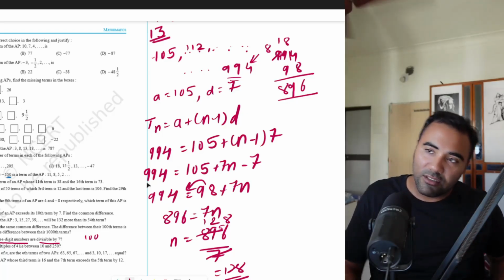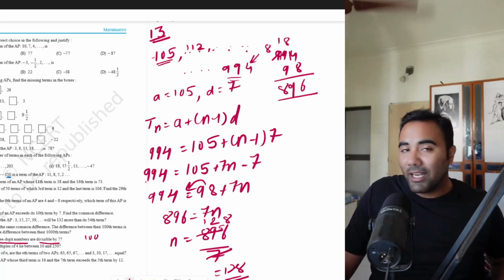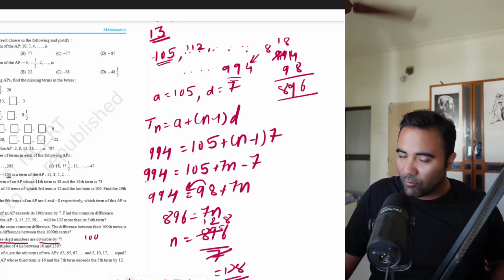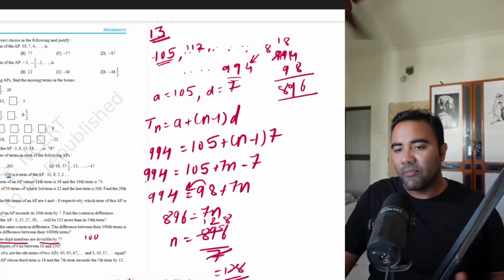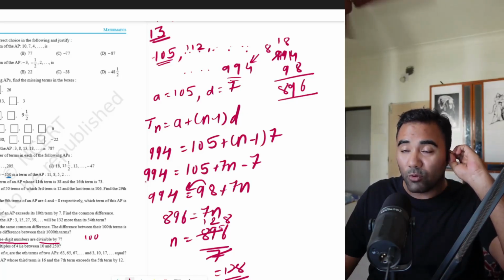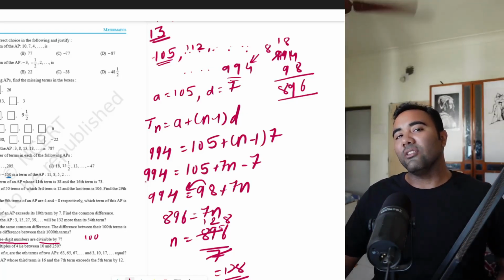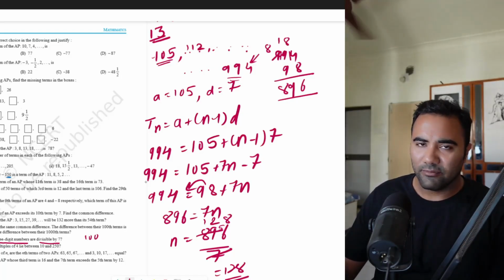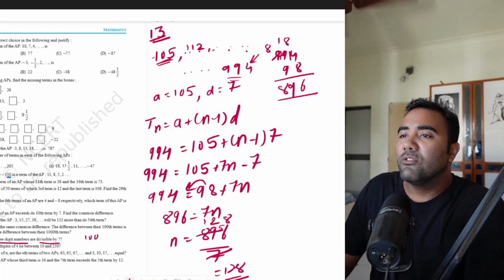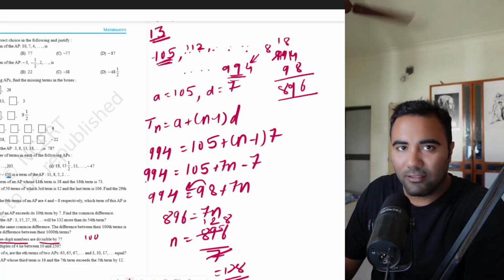The first such number is 105. You have to do this by trial and error. Because I have been teaching this for the last 5-6 years, I remember such questions. But for someone doing this for the very first time, it's okay to do trial and error. That is how you learn math. So the first number is 105 and the last number is 994. This is again trial and error.